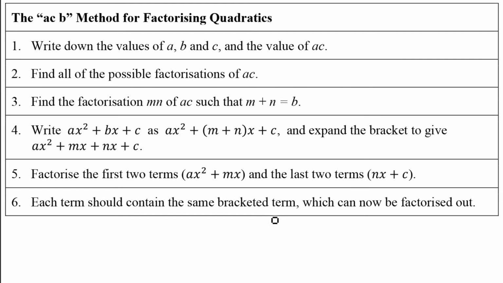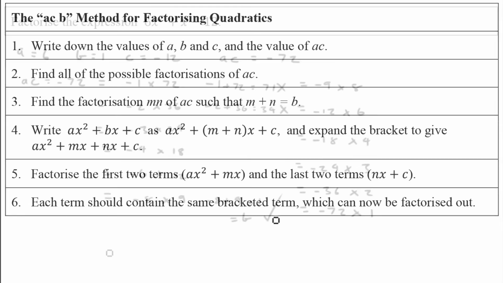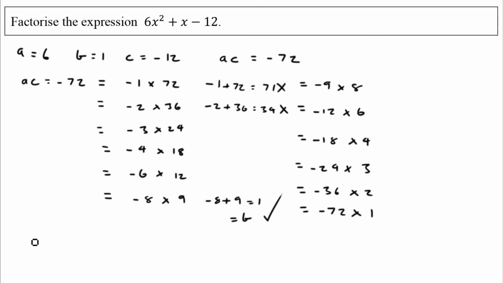Step 4 is to rewrite the original quadratic expression, but using m plus n in the place of b. So our original quadratic expression was 6x squared plus x subtract 12. Now we have to write that as 6x squared, and instead of b, instead of 1, we have to write negative 8 plus 9.